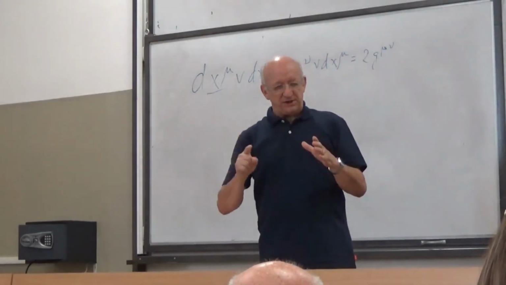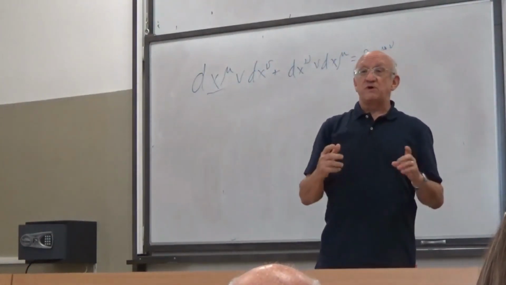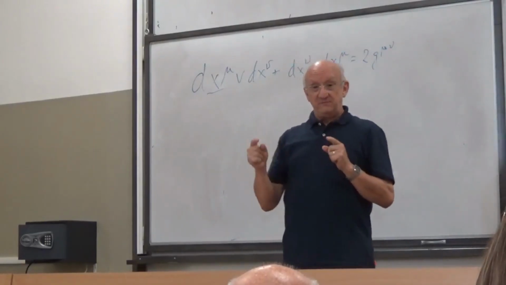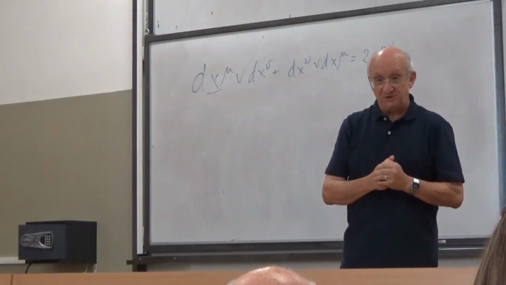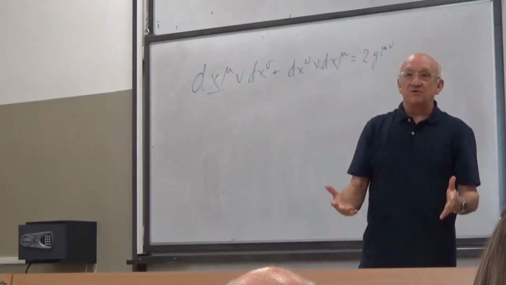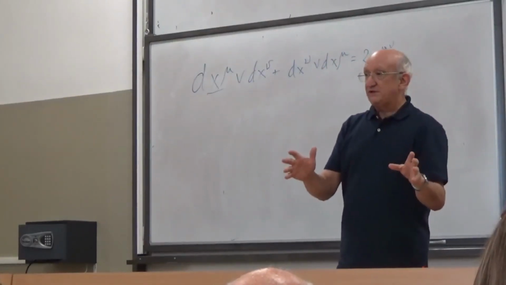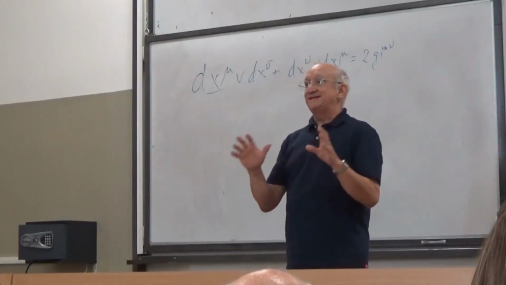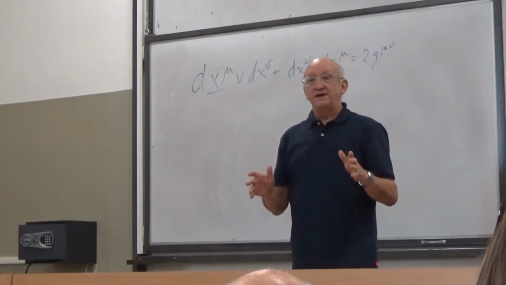I will call a metric an equivalence class of all those quadratic forms that can be obtained one from the other by a coordinate transformation. That was the problem of Riemann. The big question, whether we can convert one quadratic form into another, and specifically to the Euclidean one.